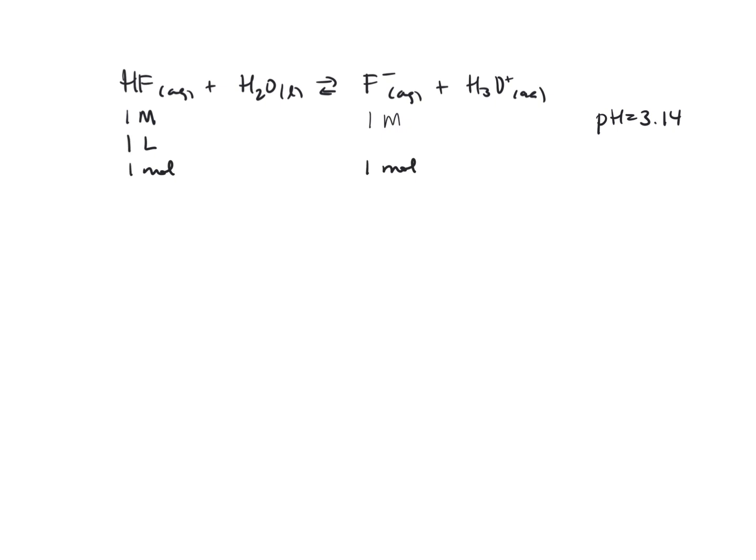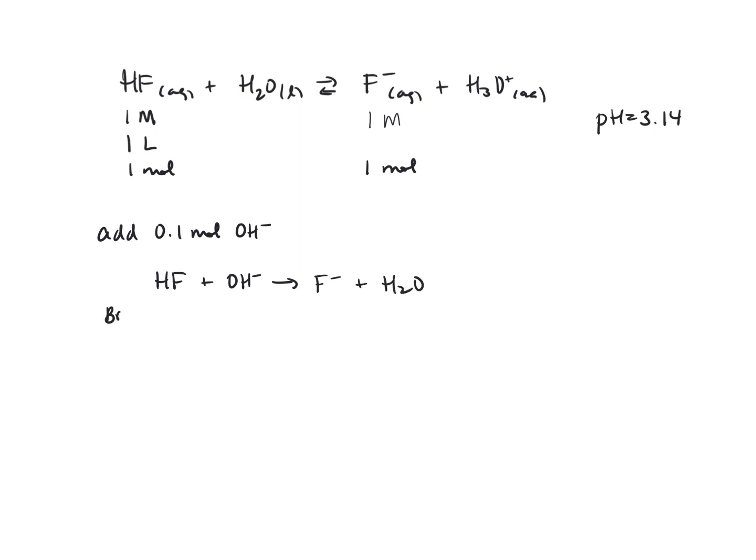Okay, and then let's say that we add 0.1 mole of, let's say we start off with sodium hydroxide, so OH minus. So the OH minus is going to react with the HF in one direction to become F negative plus H2O.